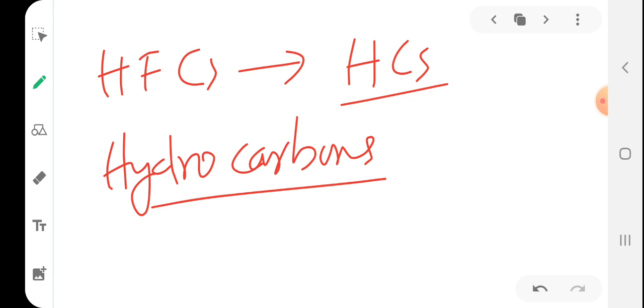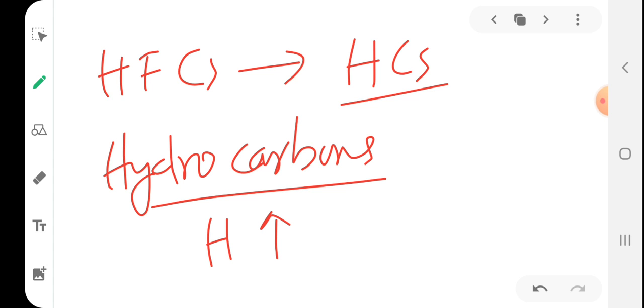Hydrocarbons means the compound consisting of carbon and hydrogen only. It may be unsaturated or saturated, right? So unsaturated and saturated compounds are there. But the problem of hydrocarbons is that they have plenty of hydrogen atoms in them.